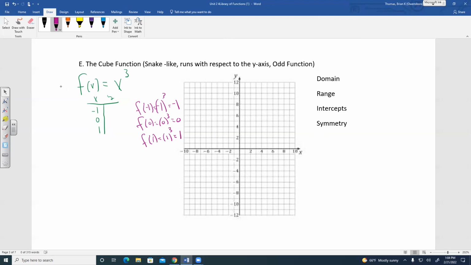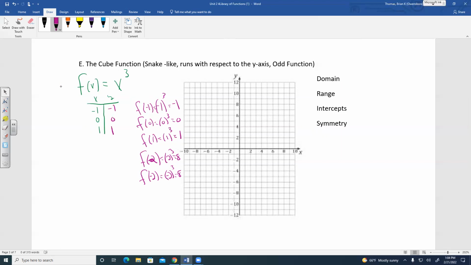If I want to pick another point, I could say f(2) would be 2 cubed, which is 8, and f(-2) would be (-2) cubed, which is also -8. What we're really going to pick up on is graphing (-1, -1), (0, 0), (1, 1).